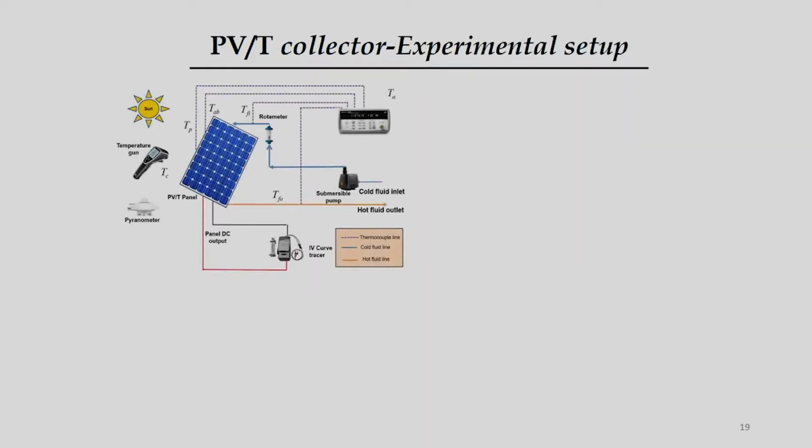So, what we have done here at IIT Guwahati is that we have purchased one PV module, okay, and then we have done something just beneath the PV module and tried to see how this can be used as a PVT module.